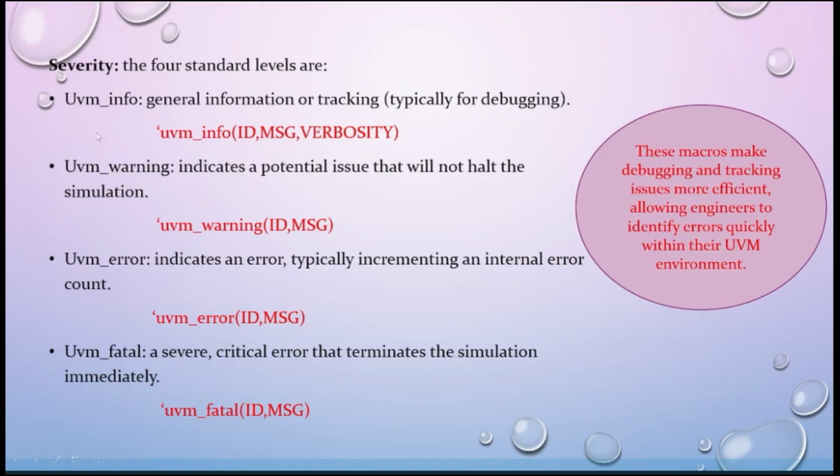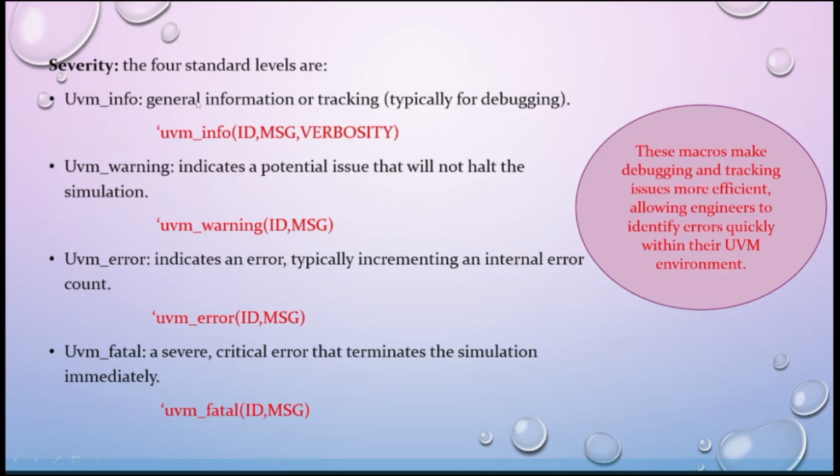Because UVM info has every message; it will track entire simulation messages. All the messages in the entire simulation are present in UVM info. So if we want to sort out that group of messages, we need the verbosity level, which is why only UVM info has the verbosity level, and the remaining three only have ID and message.